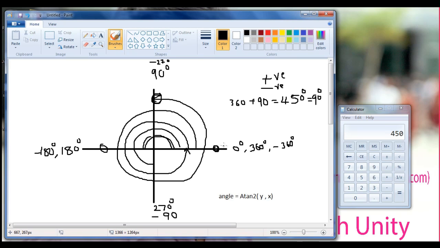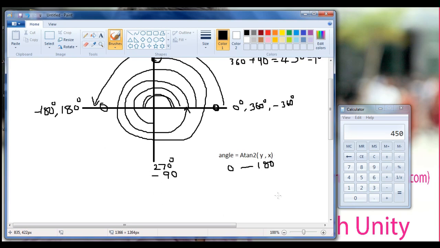What Atan2 gives is, if your object is on this side, it will return a value between 0 to 180 degree. 180 is pi. If the game object or element or enemy is on this side of the coordinate system, then it will return a value between 0 to minus 180.